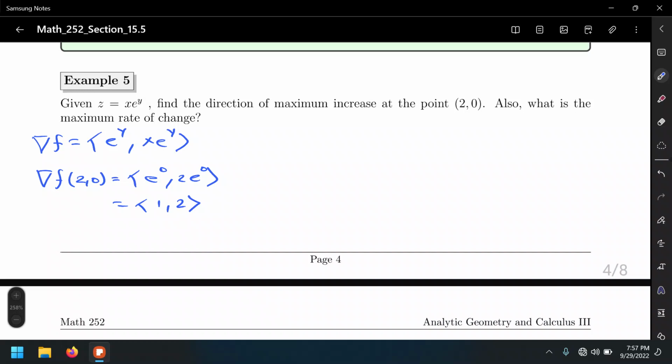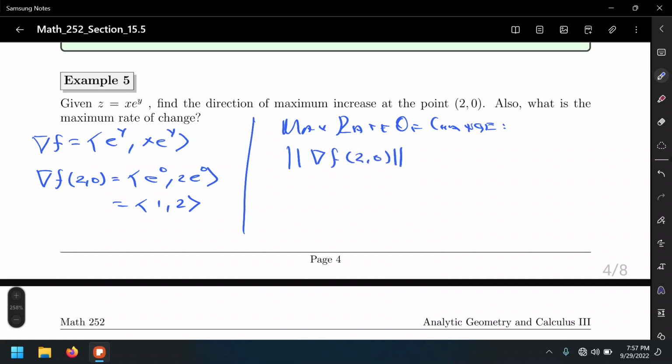All right, now they're asking us for the value of the slope. So all we have to do is find the max rate of change. This will be the magnitude of that gradient at the point (2, 0).